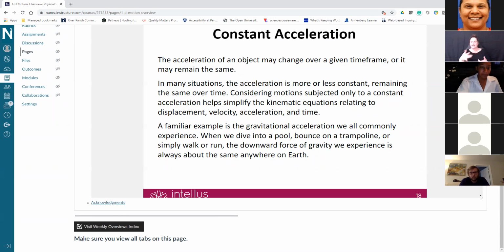We simplify the motion as much as possible. And so for us to explain, quantify or describe a moving object, we're going to focus on a simple case of constant acceleration.